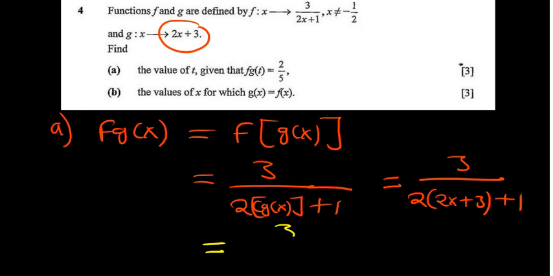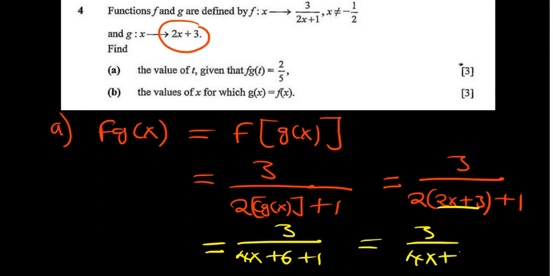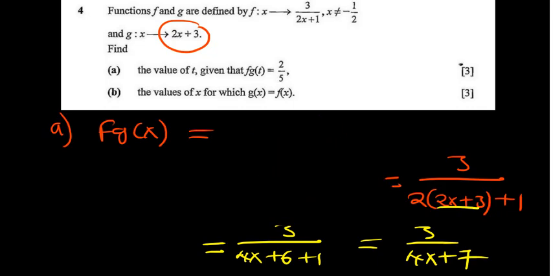So you have 3 over 2 times 2x plus 3, you're going to have 4x plus 6 plus a 1, which will now be 3 over 4x plus 7. So that's how far we've come. That is our f of g of x.